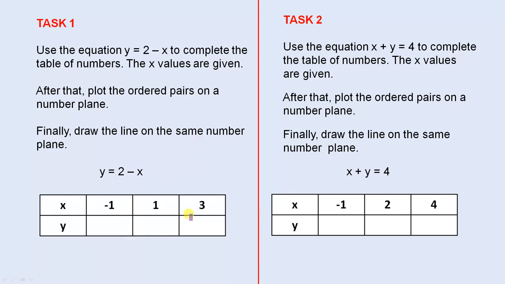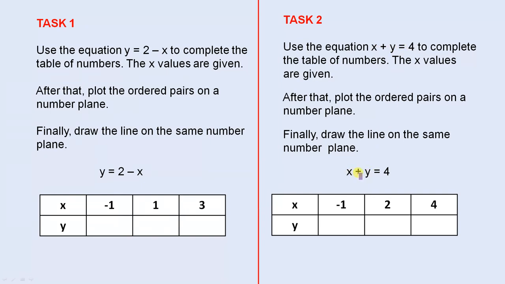So when you finish these numbers here, when you find the y values, convert these numbers into ordered pairs, plot the ordered pairs on a number plane, and join them together to form the line. And the second task is very, very similar, except in this task we're using the equation x plus y equals 4, so it's rearranged a little differently.